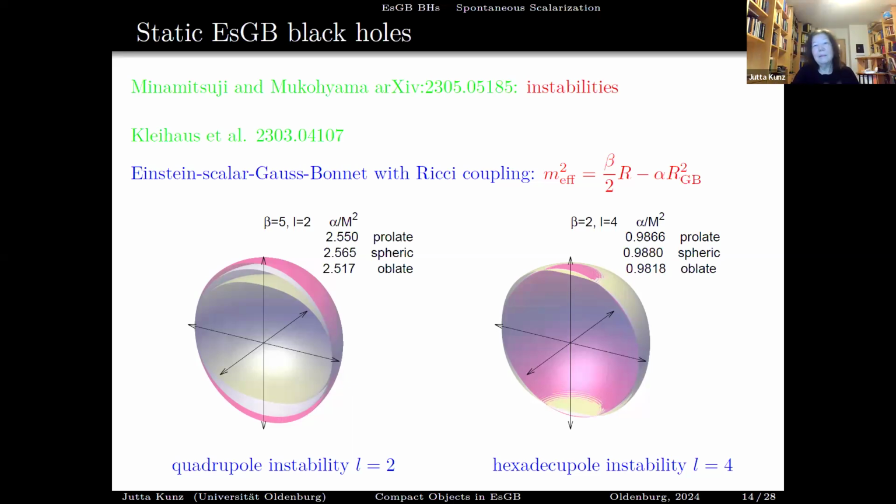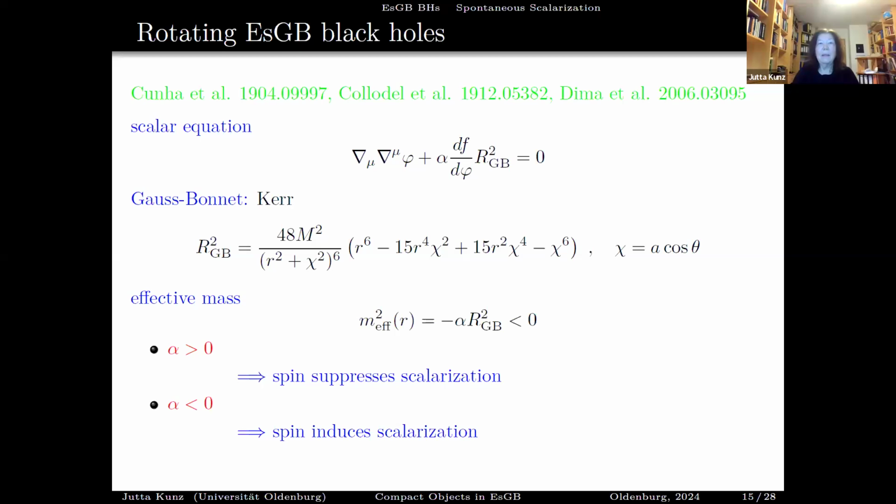It's something funny that this occurs. But let's forget about this additional coupling again and come back to just the normal coupling and look at what happens when we rotate those solutions with the curvature-induced spontaneous scalarization.